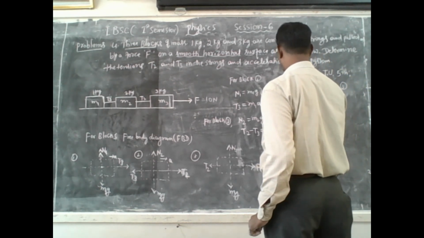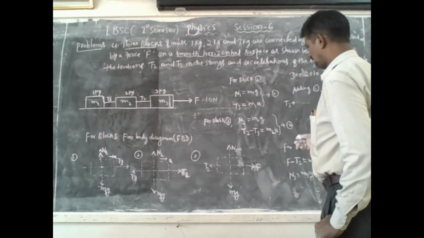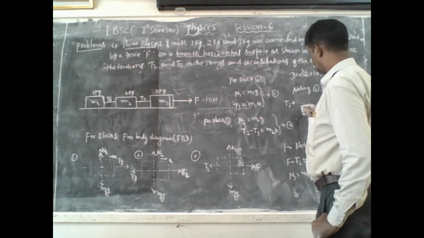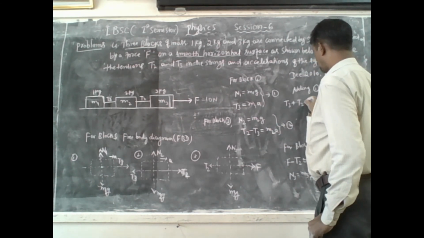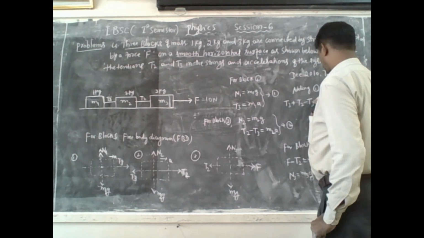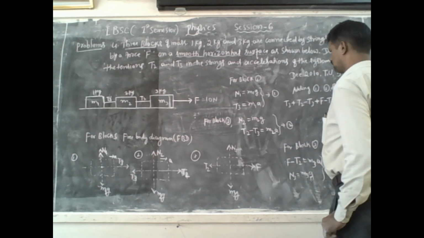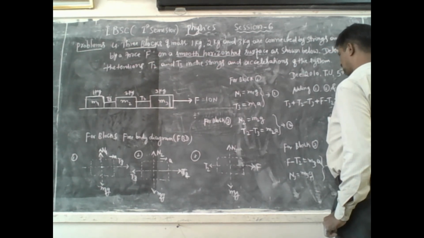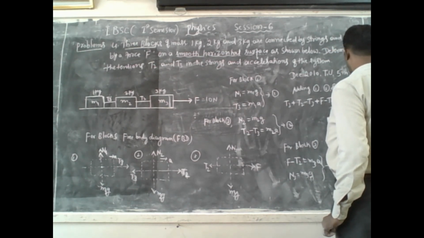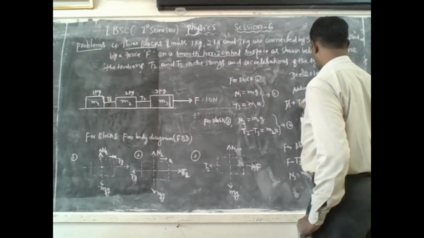So T3 plus T2 minus T3 plus F minus T2 is equal to M1A plus M2A plus M3A, isn't it? So now T3 gets cancelled, T2 gets cancelled.